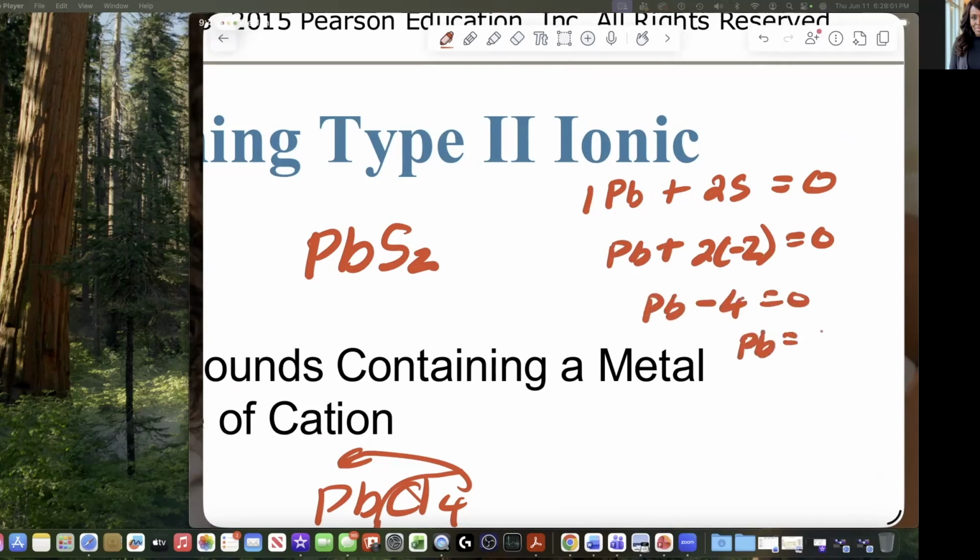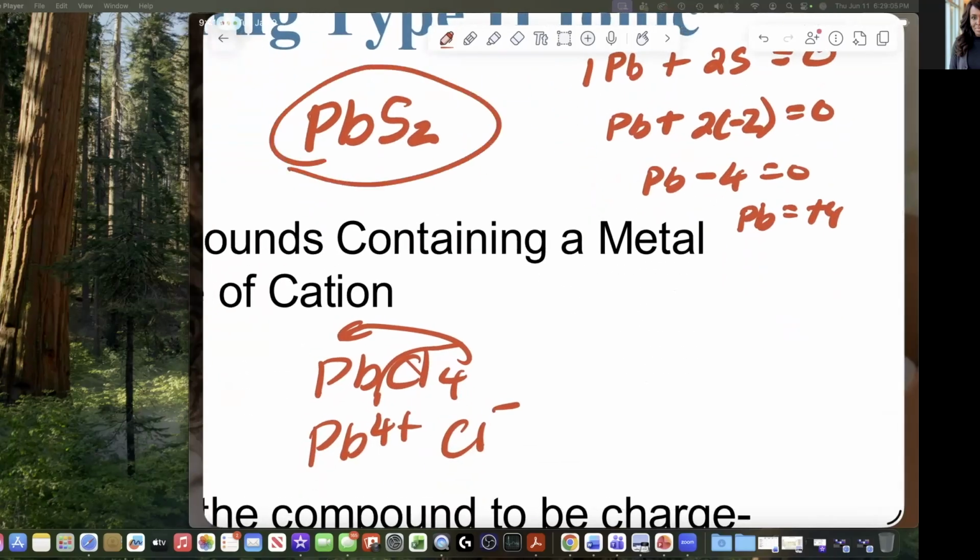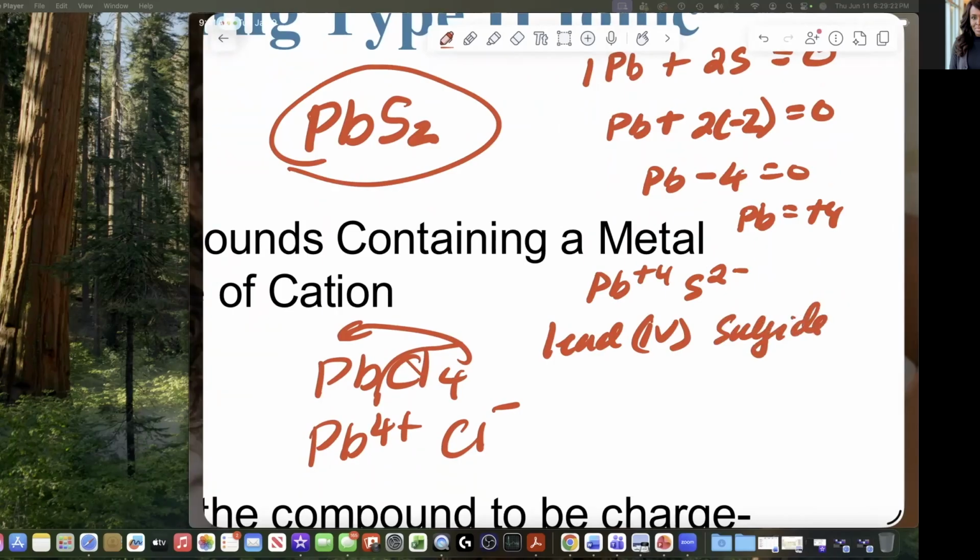Pb equals plus 4. So how would you name it? Though there is no number 4 here, you will write it as lead IV for 4. So it's going to be Pb4+ S2-. So when I talk about the reverse crisscross to get the charges, right? So this is going to be lead(IV) sulfide. Okay.